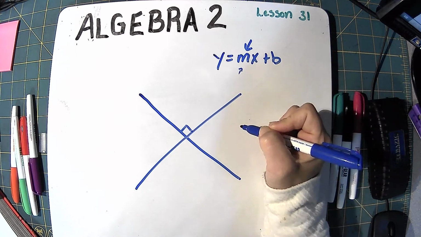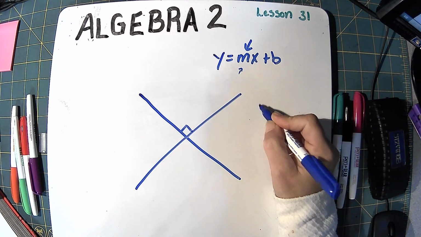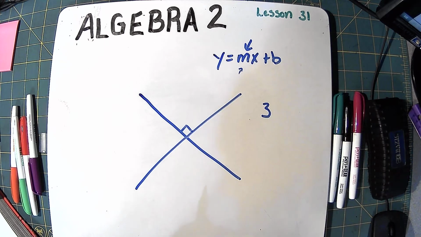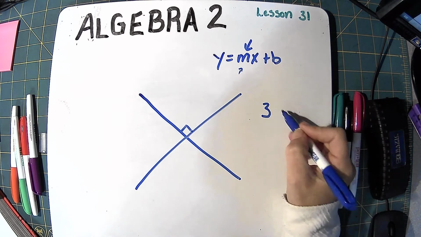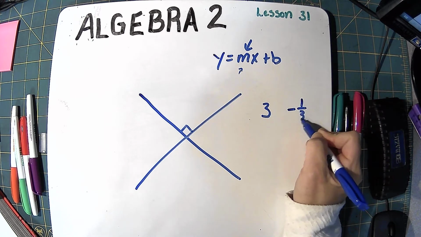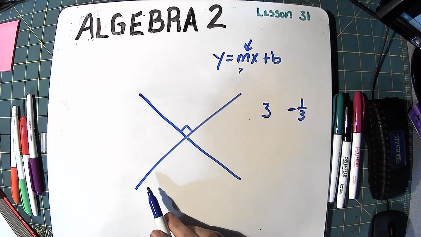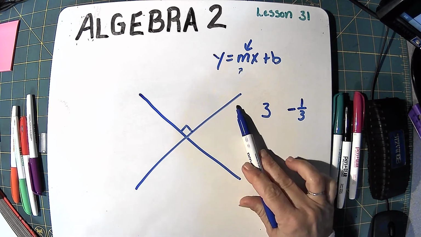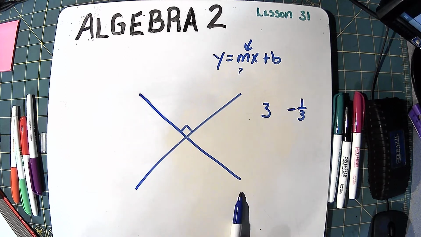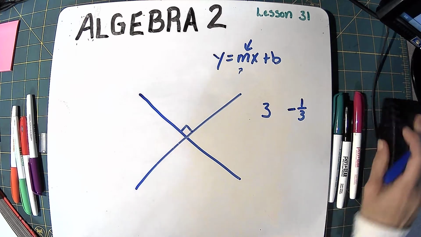Let's say that your slope is 3. We take the negative reciprocal of that, so that would be negative 1/3, and that would be the new slope to our new line. One line's going up, it's positive, the other line's going down. So we have to make it the negative reciprocal.